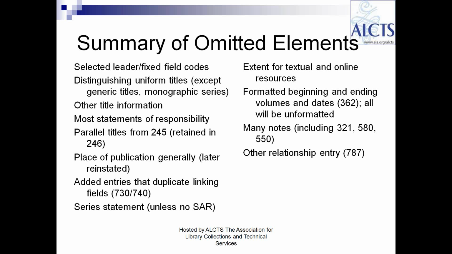And the other one was with monographic series, because the creation of series authority records was not being affected by what we were doing with serial bibliographic records. So if the series authority record required a qualifier, the series title required a qualifier, then we wanted the bibliographic record to be in sync with that. So those were the only two cases where we were actually requiring a 130 or a 240 on a serial record. And we'll see some examples of the rest of these later.